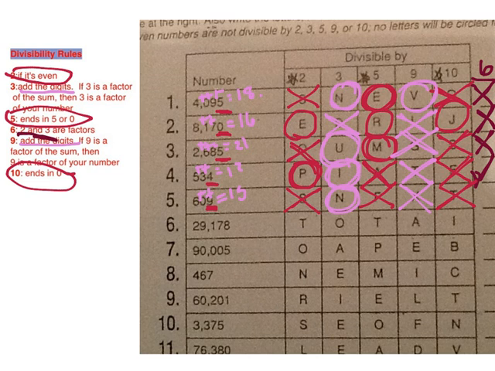What about 6? Well, 609 is not divisible by 6 because 2 and 3 both have to be factors, and 2 is not. Okay, I want you now to spend the rest of your time at this station to work on the rest of them here.